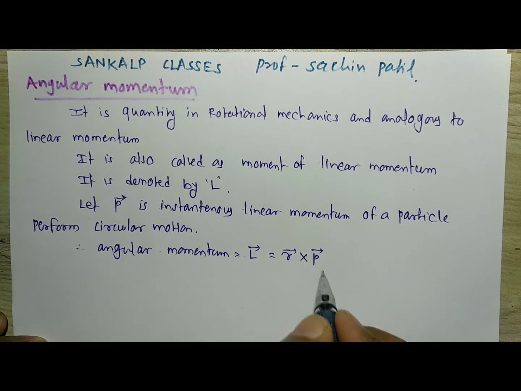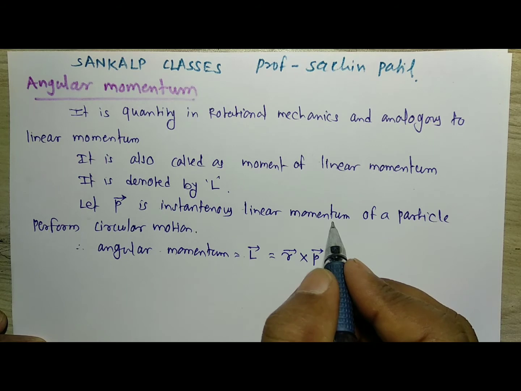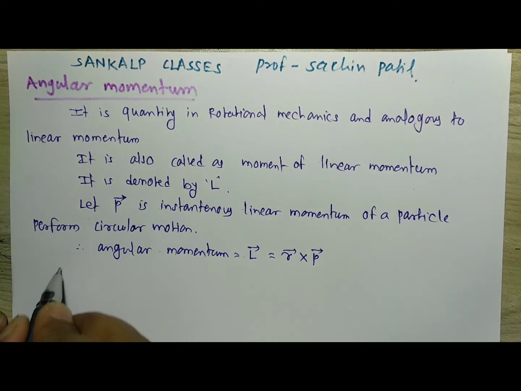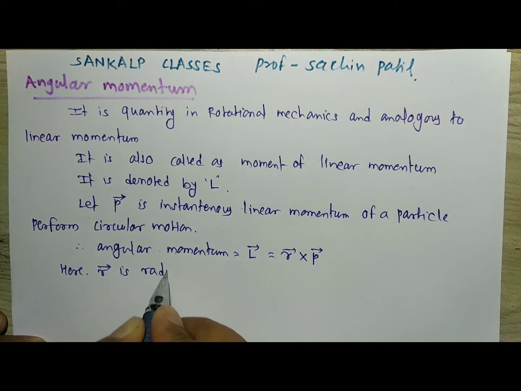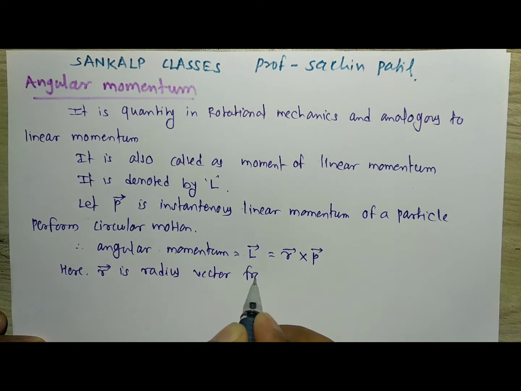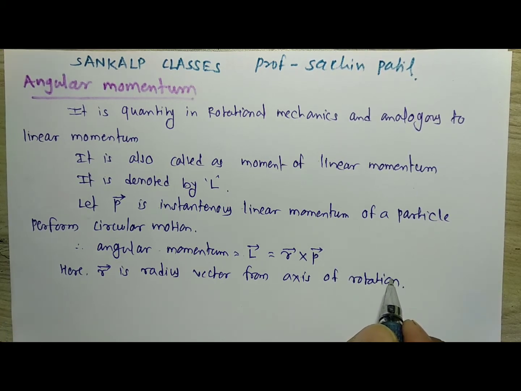P bar is the instantaneous linear momentum, and R bar is the radius vector from the axis of rotation, also called the position vector.